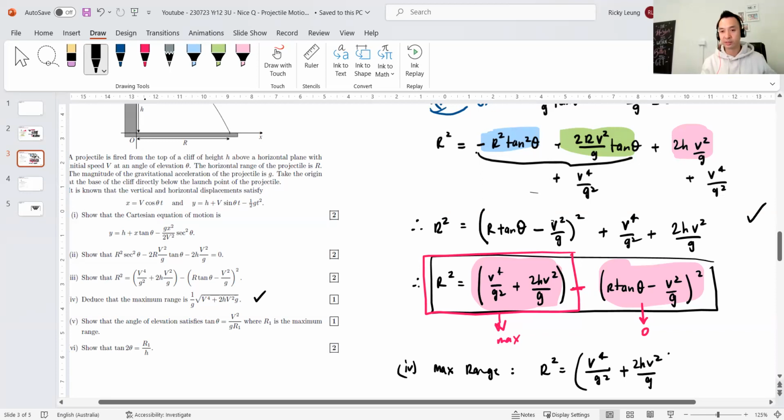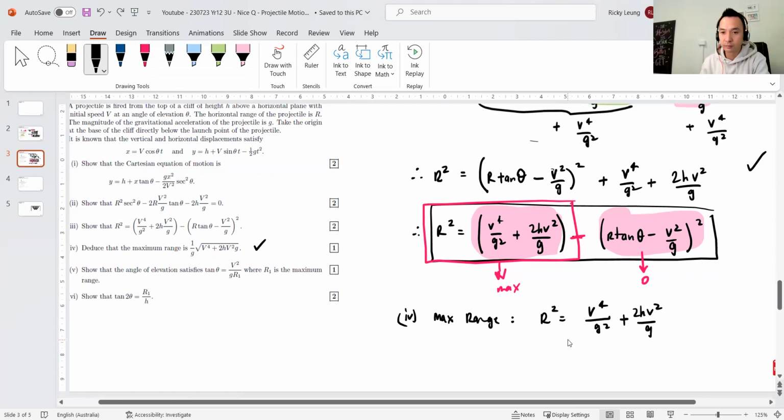When r squared equals that, and then if I square root it, r equals the square root of this.